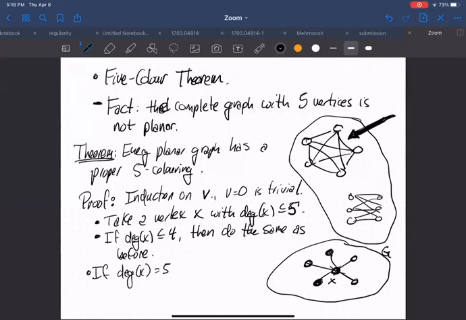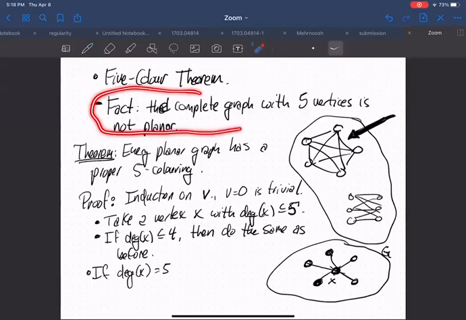Now what do we do? Well, we go back and use this fact here. x has 5 neighbors, and the complete graph on 5 vertices is not planar.